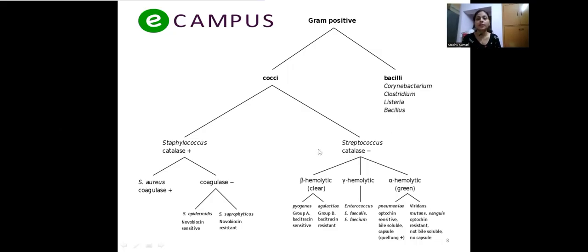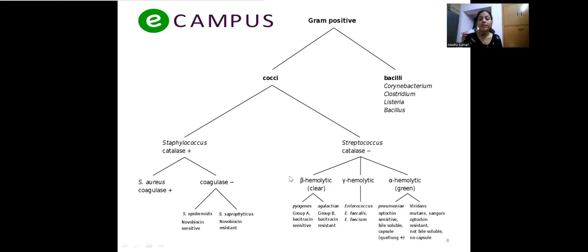According to the catalase reaction, these cocci are classified into two types, catalase positive and catalase negative, right? So catalase positive, which show a positive reaction in catalase, are of two types.